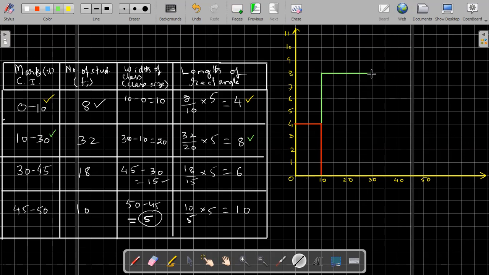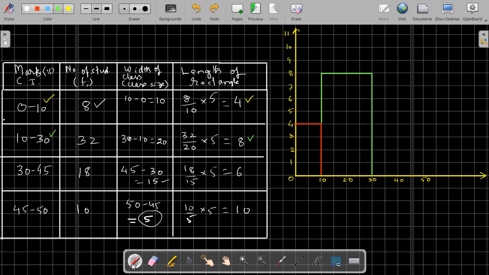This is your second bar. Its length of rectangle, you can see, is up to 8. 8 is the length, so that's why we can say this is also a length. Got it?